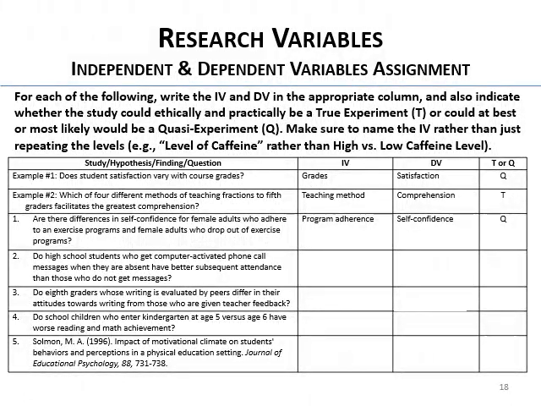Do high school students who get computer-activated phone call messages when they are absent have better subsequent attendance than those who do not get messages? Okay, it's a big long one. So what's going on in this one? We got groups of high school students. Some are getting a phone call and some aren't, right? And what are we measuring because we think it's affected by that? Well, we're measuring their subsequent attendance.